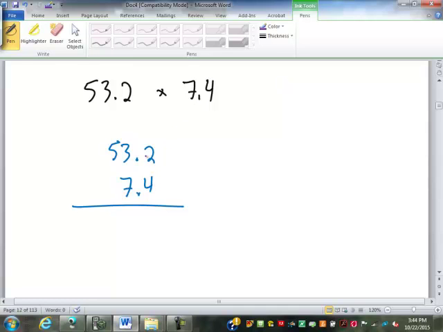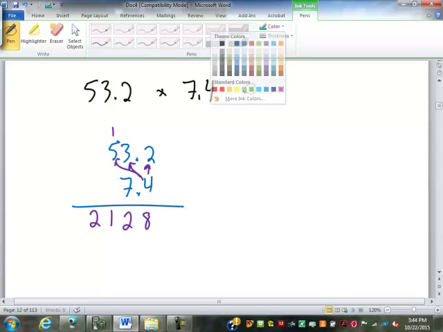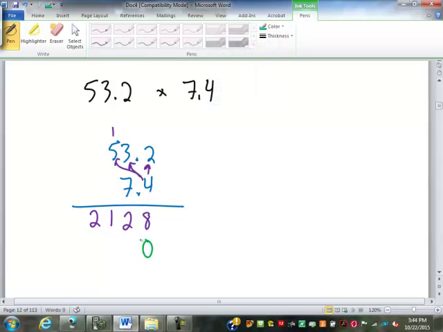So where are we going to start? 4 times 2 is 8. 4 times 3 is 12. 2, carry the 1. Perfect. 4 times 5 is 20, plus 1 is 21. So 1, carry over the 2. And then put a 0.